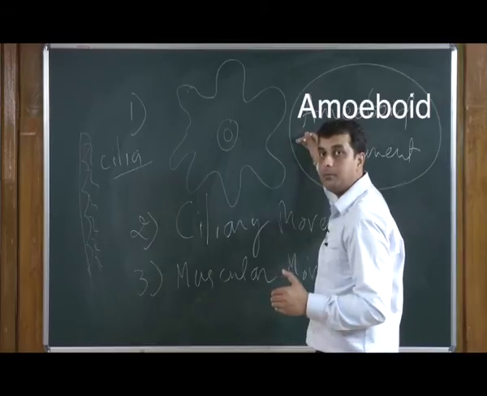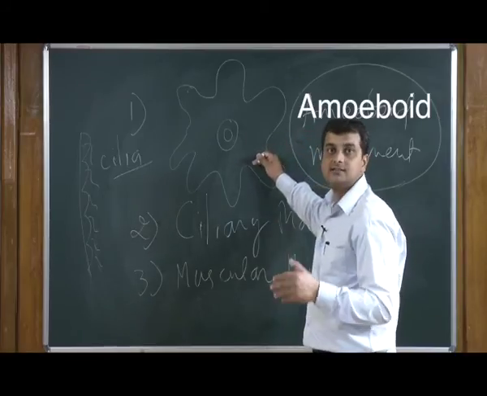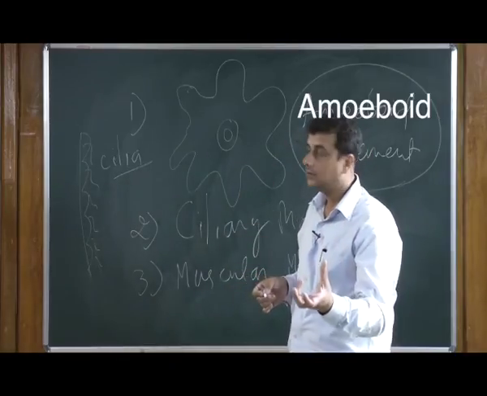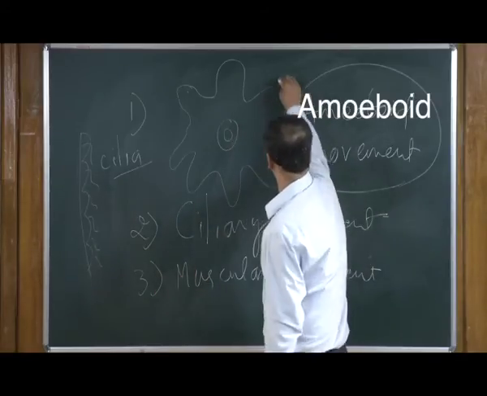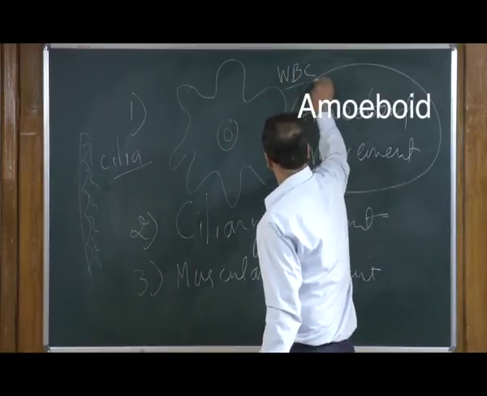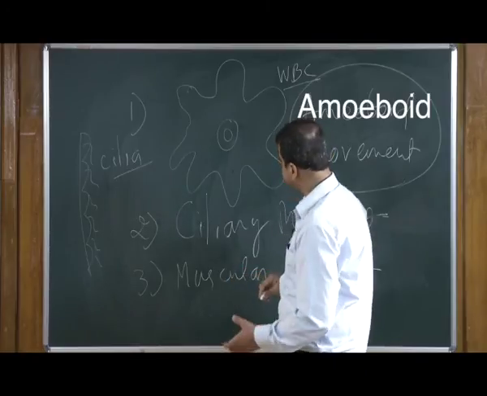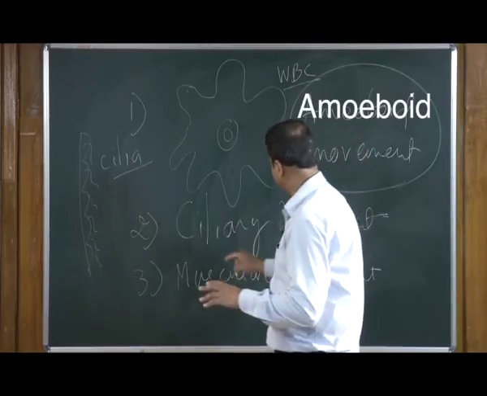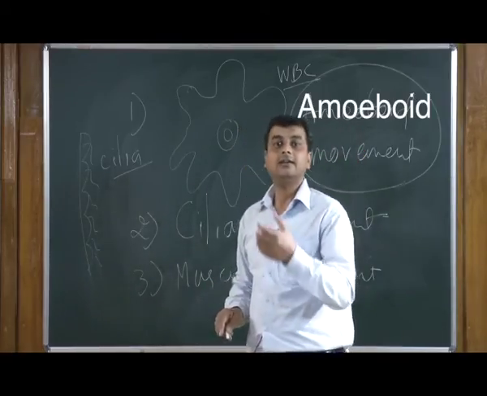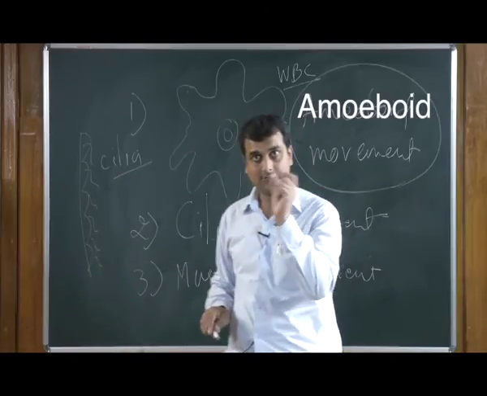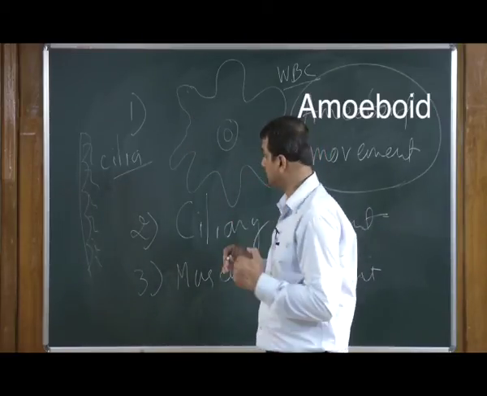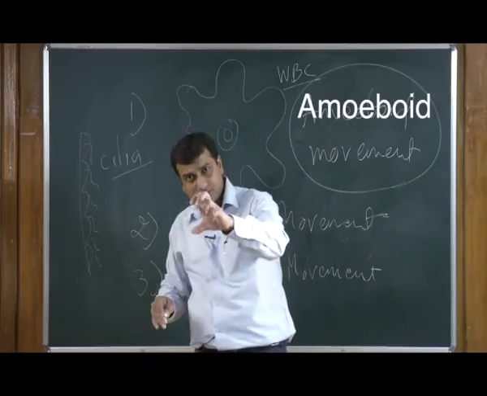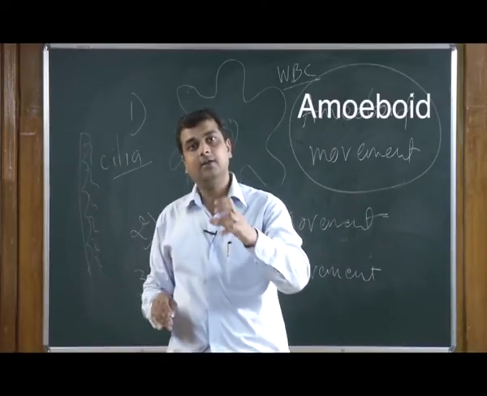So, we have amoeboid movement available in some of the immune cells, some of the leukocytes, some of the WBCs. We can give an example of WBC, white blood cells. Then we have ciliated epithelium that is located also in the respiratory tract. Also, you have a lot of cilia which is giving passage to the air. They are trapping the dust particles with the help of mucus.